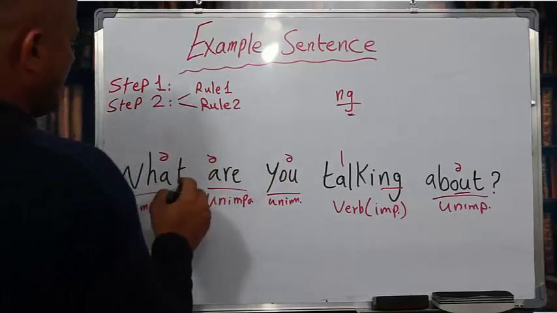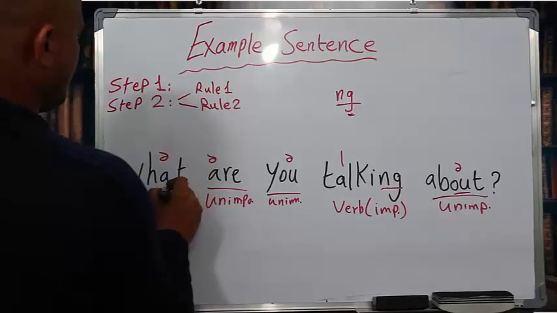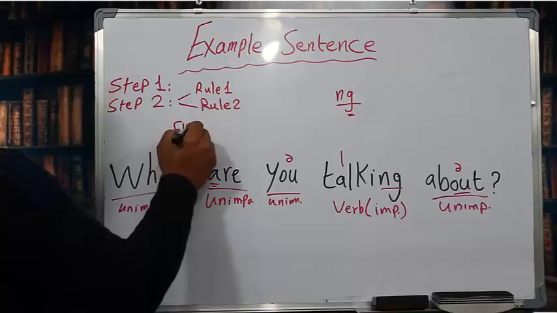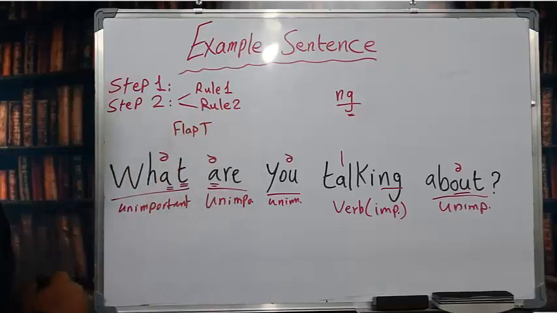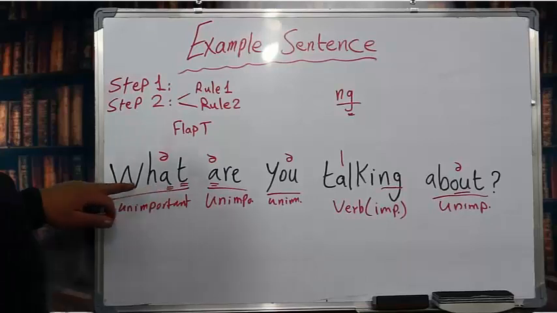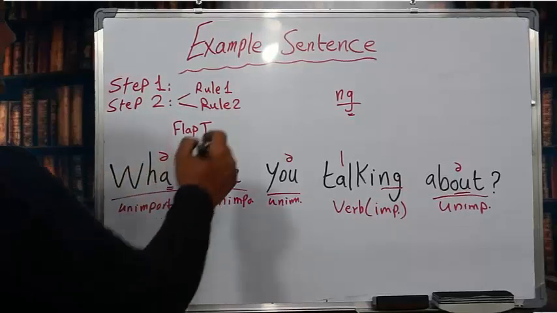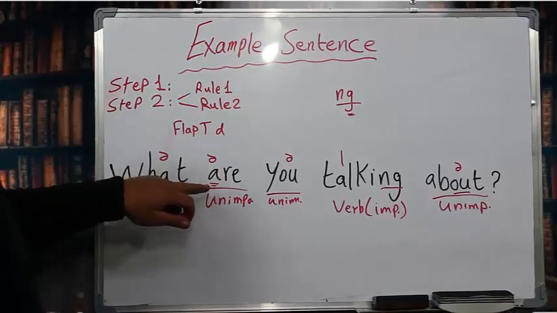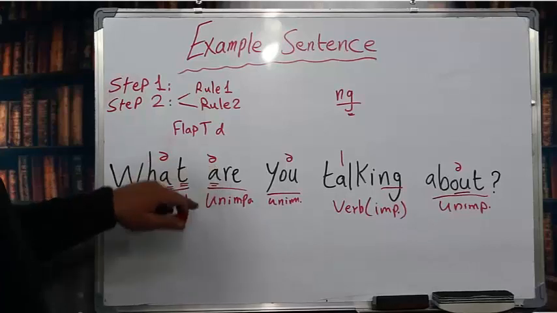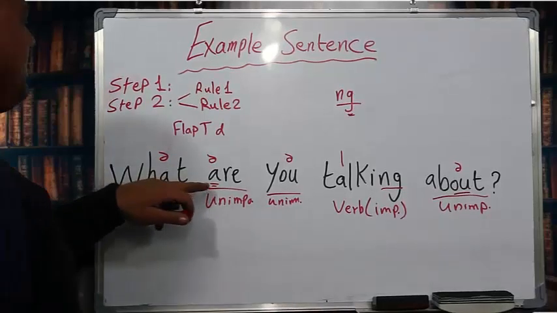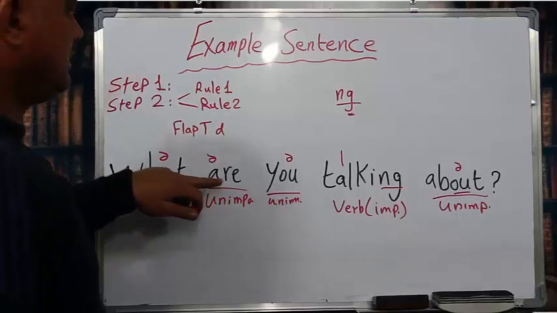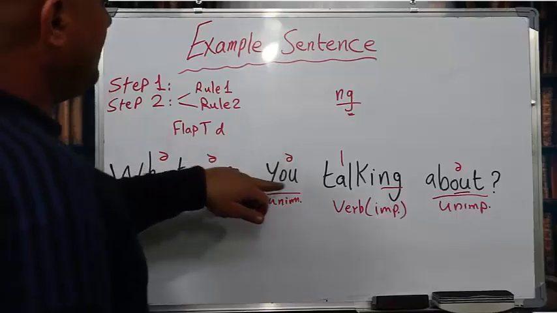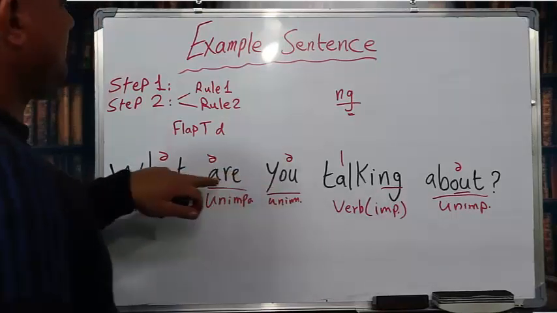It is flap T because it comes between two vowel letters, A and A, so it is flap T. So it will become wad, like D, wad. R has no change in letters, so it will become water. No change in letters in this word.